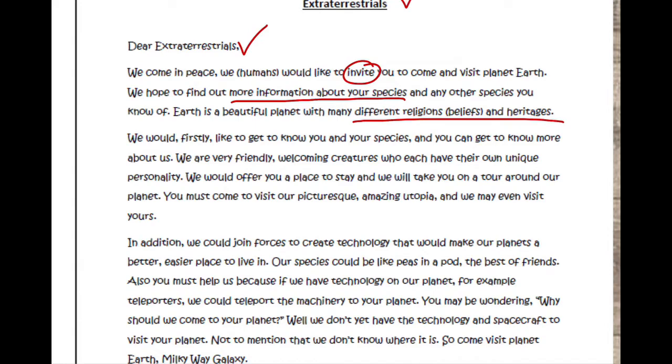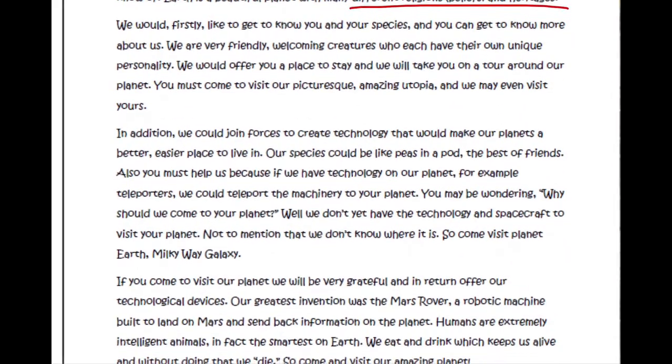So we have in the short introduction that we are inviting extraterrestrials to come to Earth. And at the same time, we are curious to find out more about them. And we introduce that Earth is a beautiful planet with different religions or beliefs and heritages. That already indicates some of the qualities that we will be talking about for Earth and what they can look forward to.